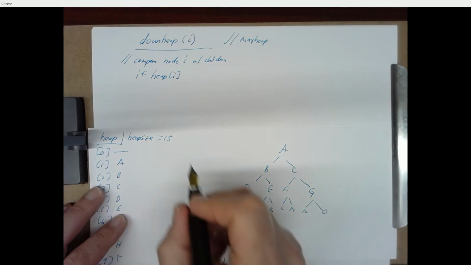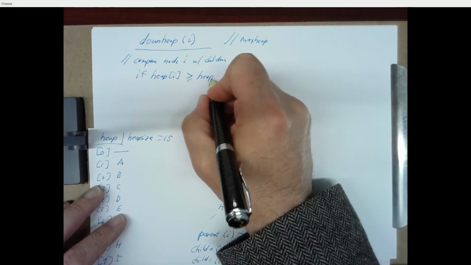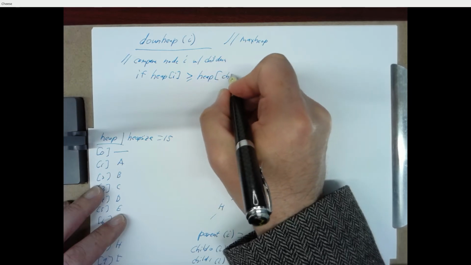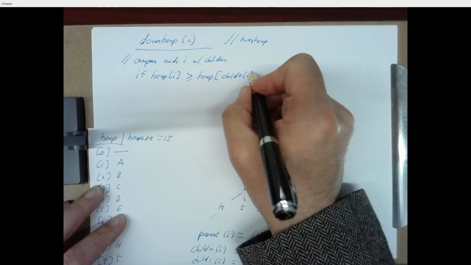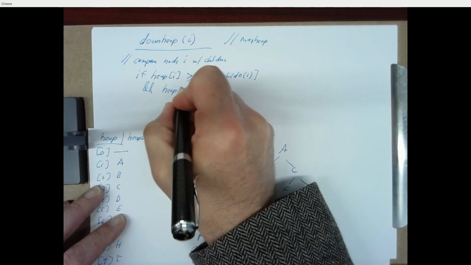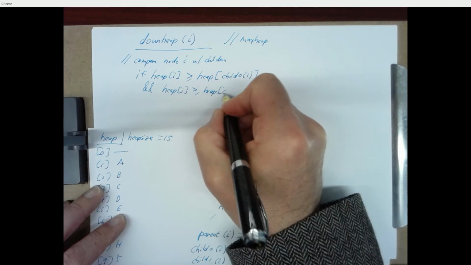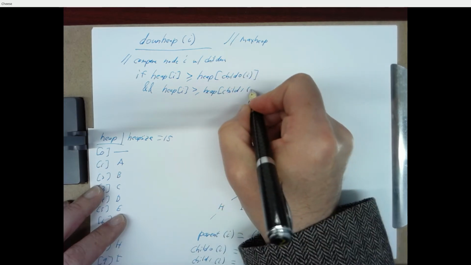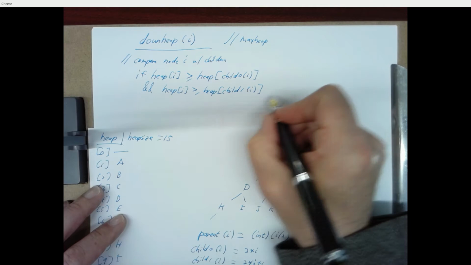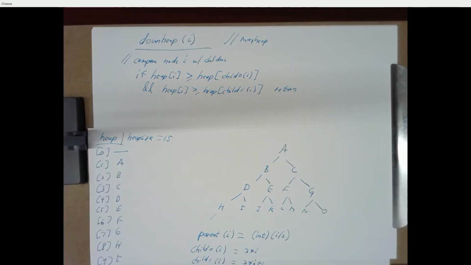So if heap I is bigger than or equal to heap child 0 of I, and heap I is bigger than or equal to heap of child 1, then return. We're satisfying the heap property, we don't have to do any work.